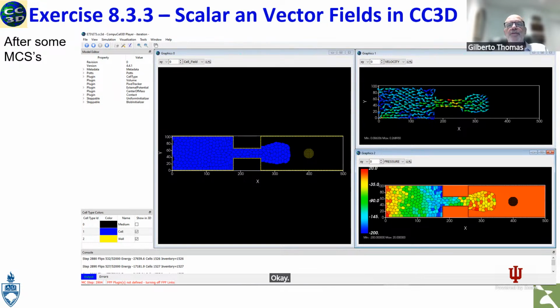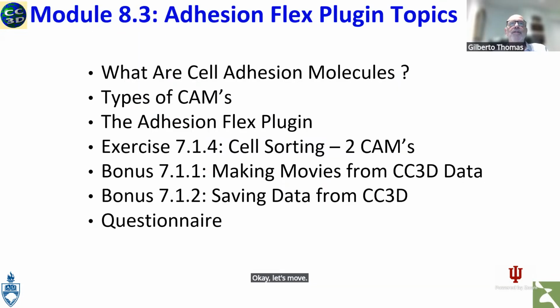Okay, let's move. Now let's go to the new plugin. The second part is the AdhesionFlex plugin. Let's go a little bit faster because time is running. So I will present a brief introduction about cell molecules, the types that we can find in nature, and finally the plugin through an exercise.